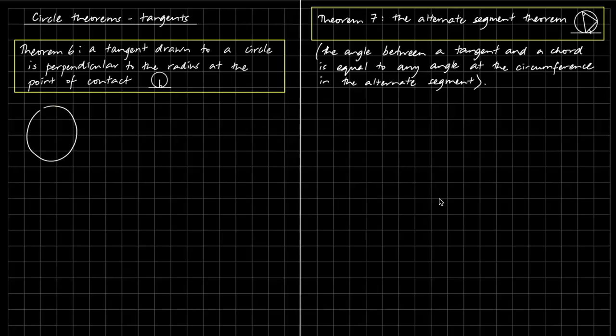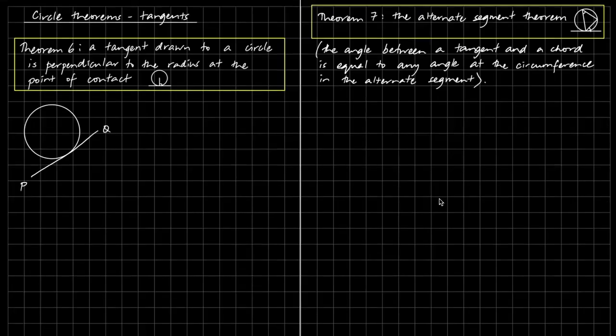Let's draw ourselves a circle and then try and construct ourselves a tangent. So that tangent, let's call it PQ, and let's say that the point of contact with the circle is T. So what we're trying to prove then is that the line from O to T must be at 90 degrees, must be perpendicular to the tangent PQ.